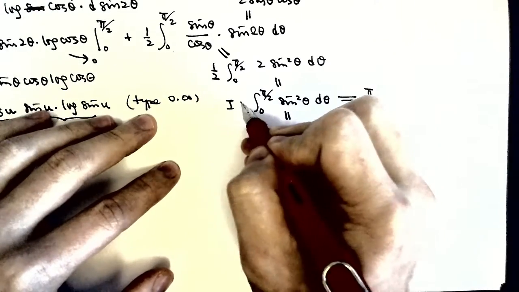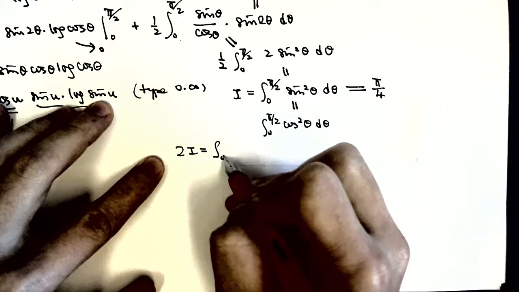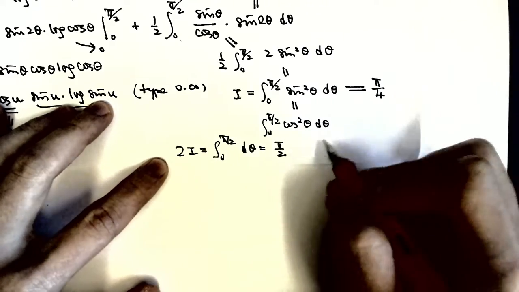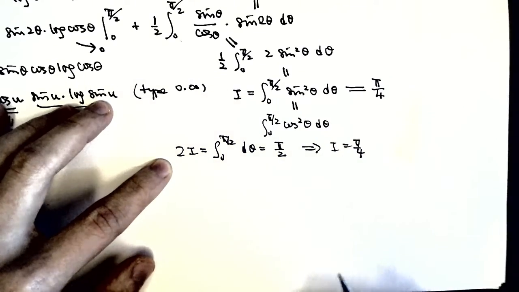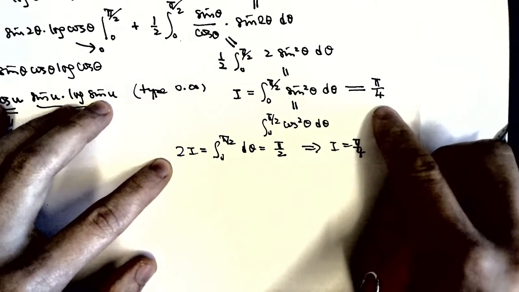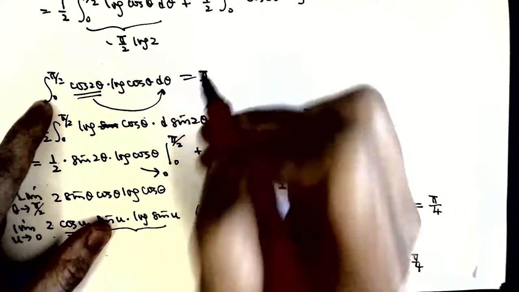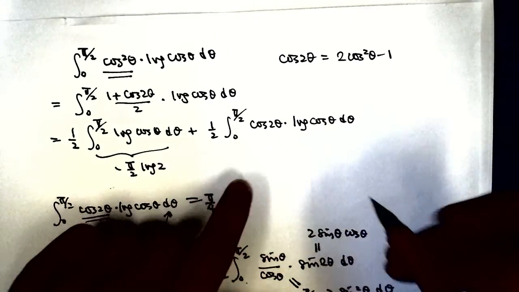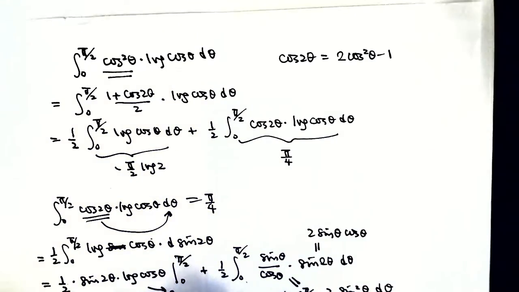So if we let this be I, then 2I is just the integral of 1, which is pi over 2. So I will become pi over 4. So we have this integral is just pi over 4. Then we get back to our original integral.